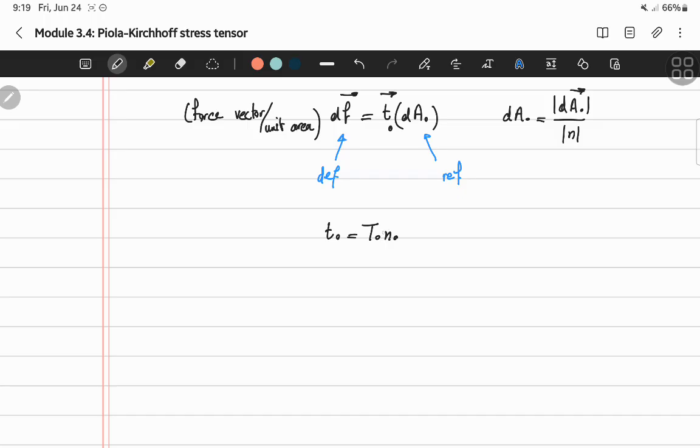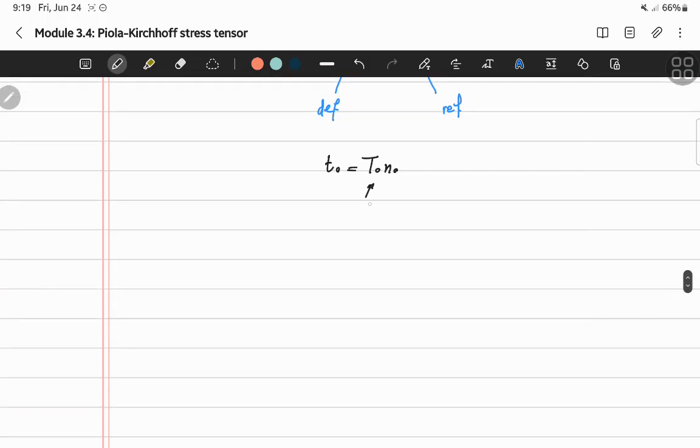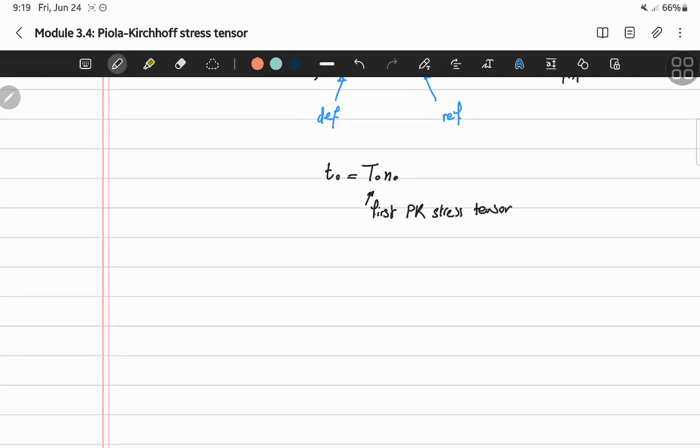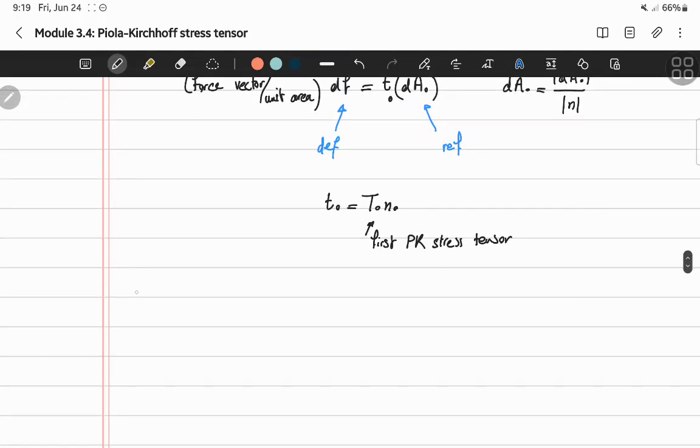I know N0 is known, but I have to find this capital T0, which I will call the first Piola-Kirchhoff stress tensor. So far we have df equal to T0 dA0, and then we also have T0 equal to the first Piola-Kirchhoff stress tensor, which we are going to find, and N0.